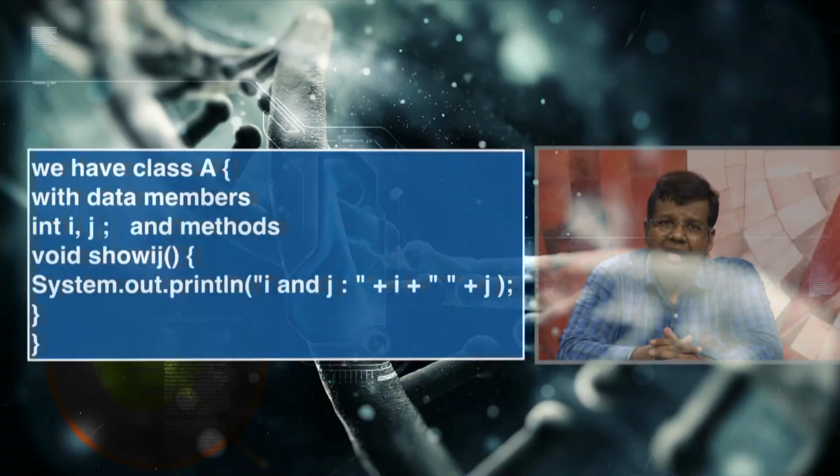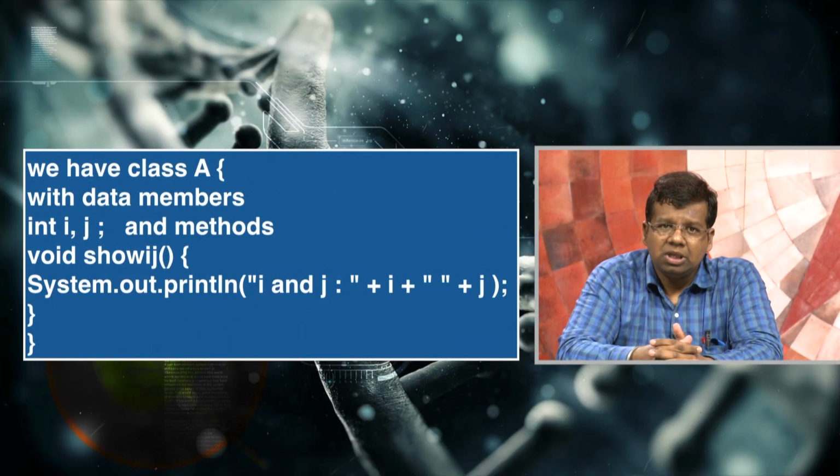The following program creates a superclass called A and a subclass called B. Notice how the keyword extends is used to create a subclass of A. So, we have class A with the data members int i, j and the method void showij, and inside that method we simply have an output string of i and j.